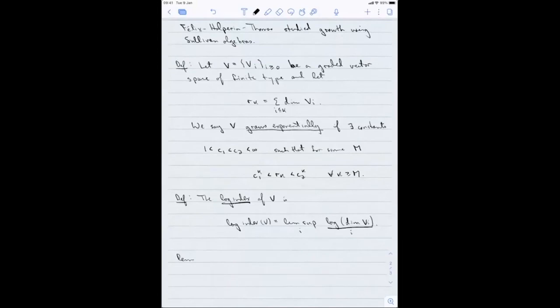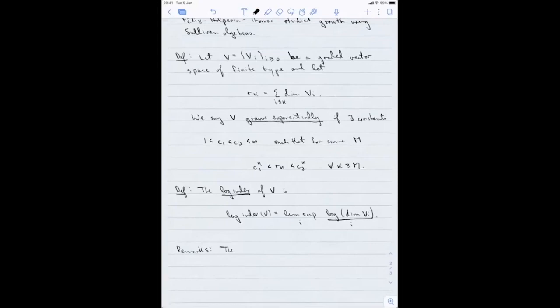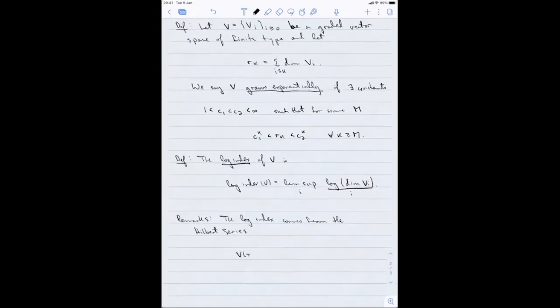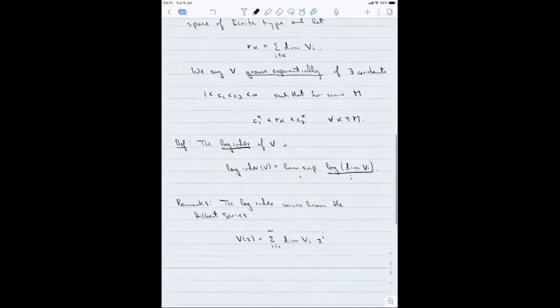Or just a couple remarks. One is that this log index is related to a Hilbert series. V(z) is a sum from 1 to infinity of the dimension of V_i times z to the i.